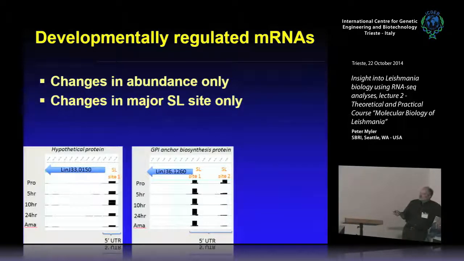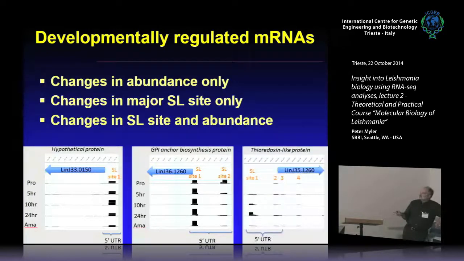But by 5 hours, almost all of the RNAs are using splice site 1. So you've got a change in the splice site, but no change in the total RNA level. And then, of course, there's several genes where both the splice site choice and the total number of reads change. So these guys could be very interesting.